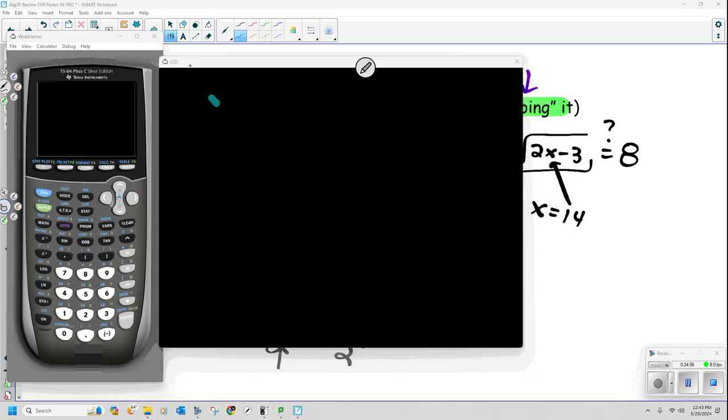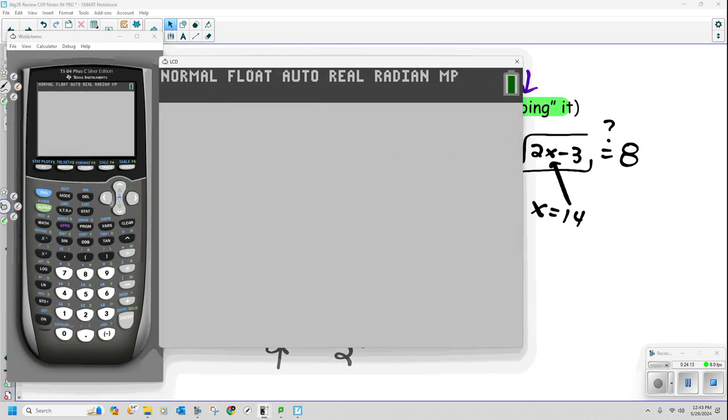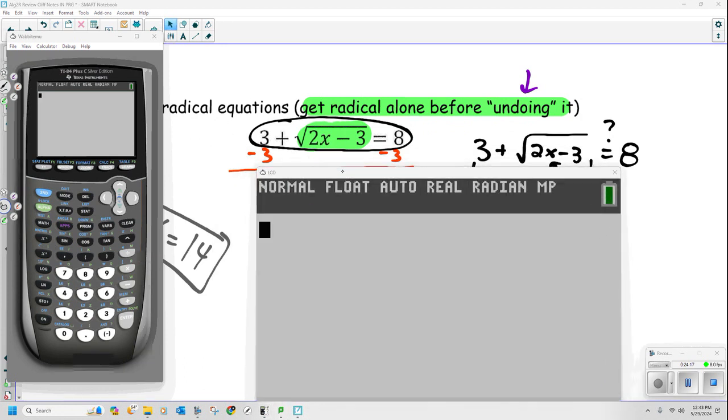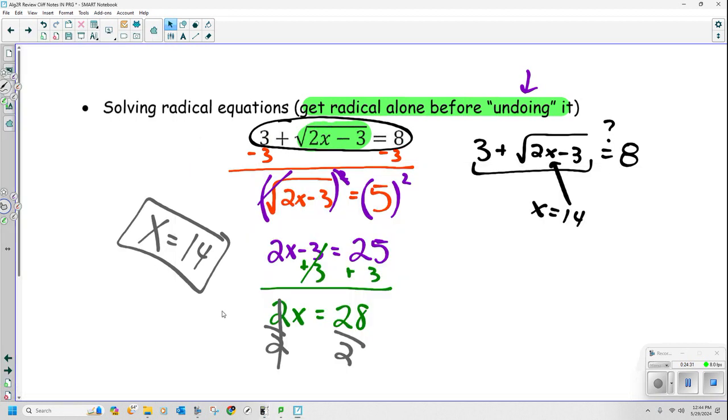The left side of that equation is 3 plus the square root of 2 times my x, which is 14, minus 3. Does that equal 8? And it does, and it works. It works to a T. So 8 equals 8, and it checks.